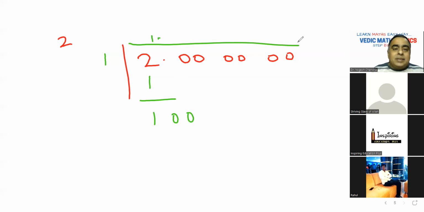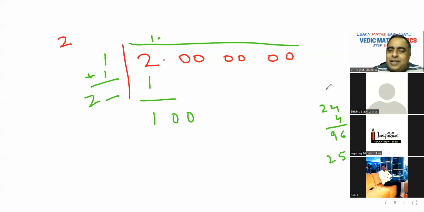So 1 plus 1 becomes 2 something. Now what should be done? See, if it is 24, then it is 96. If it is 25, it becomes 125. So we'll use 24 only. So 1.4, 4.